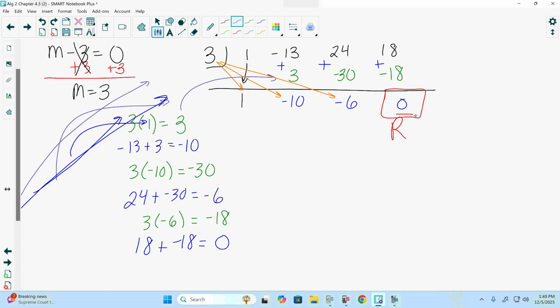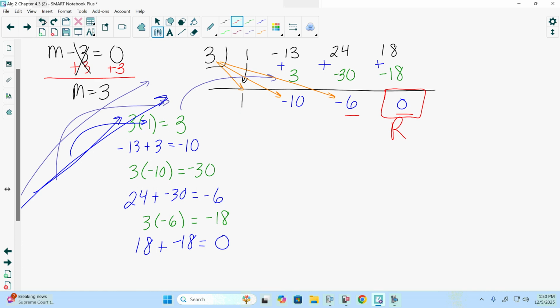Now we're going to move to the other numbers. The number to the left of the remainder is going to be our term without a variable. We could say it's the variable to the 0 degree, but we would not write m to the 0, because anything to the 0 power is 1, really just telling us we have negative 6 times 1.